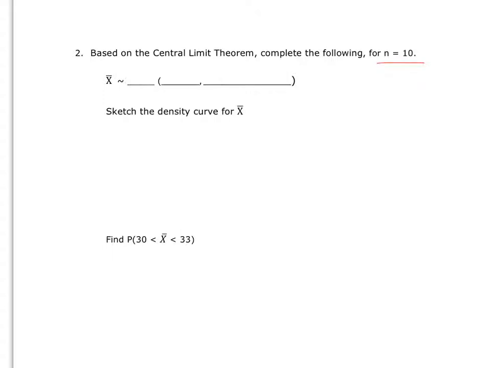So x bar then is normal, based on the central limit theorem, and its mean is going to be the same as our uniform random variable, it's 33, and the standard deviation will be that 5.8 divided by the square root of 10, which is approximately 1.8.